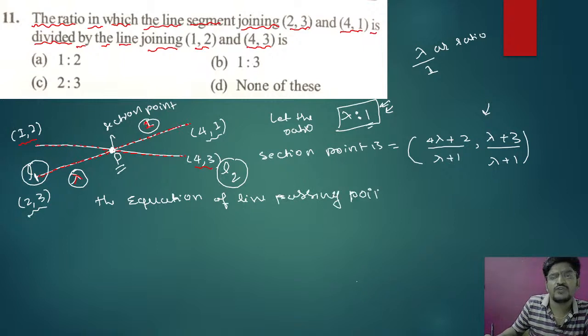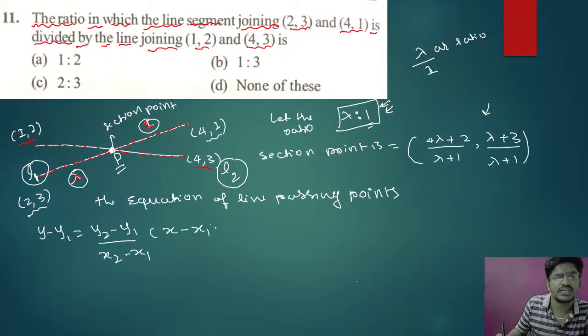What is the equation of a line passing through 2 points? y minus y1 equal to y2 minus y1 divided by x2 minus x1, into x minus x1. So this is the equation of a line passing through 2 points.